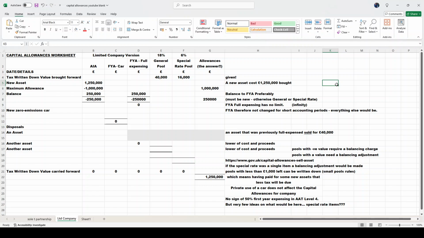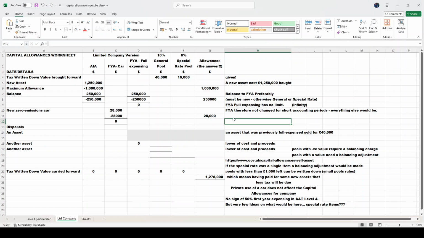Again, reducing the cash flow issues, so it's a government mechanism for encouraging investment. They also like you to have zero emissions cars. So separate pool, again all that 28,000 came back in the next tax return.